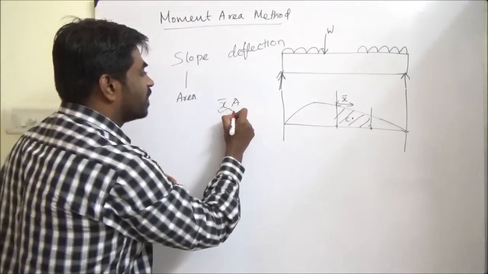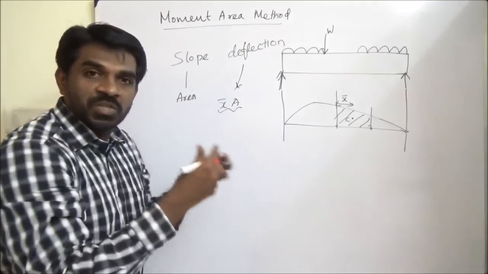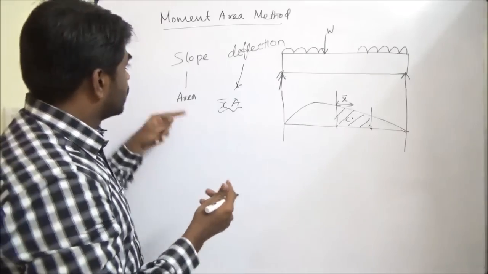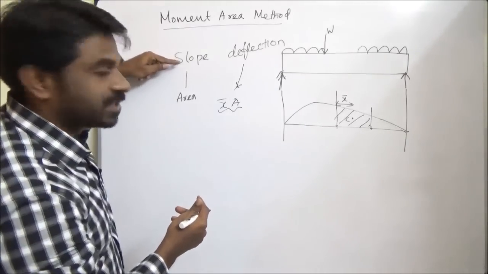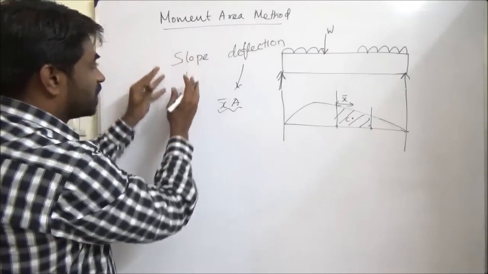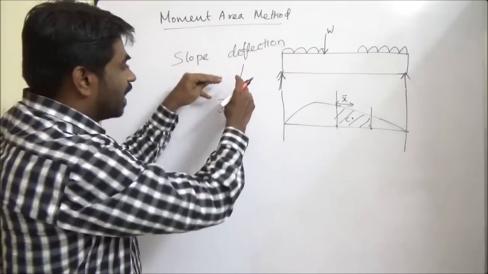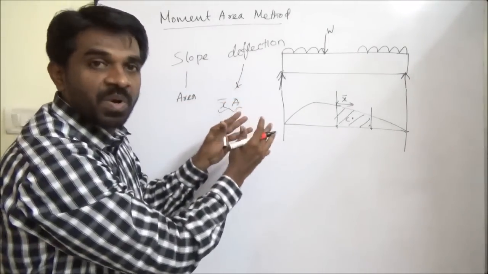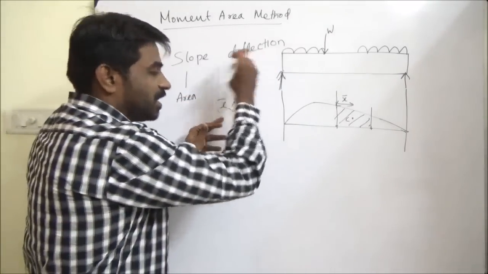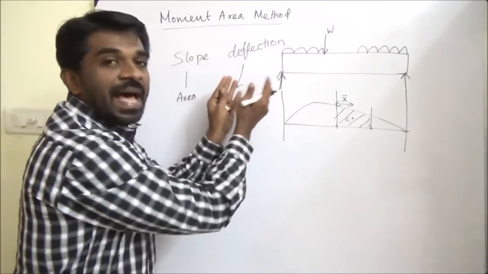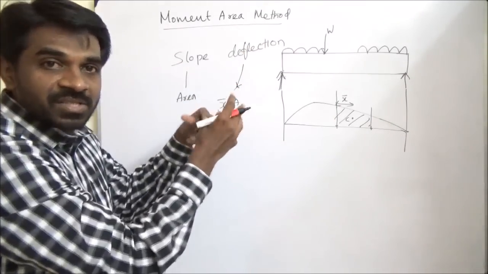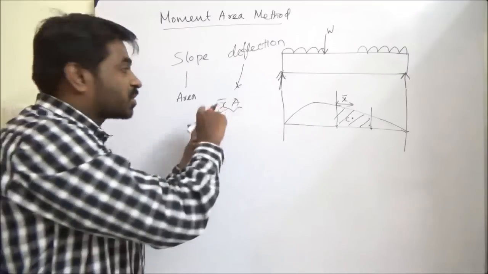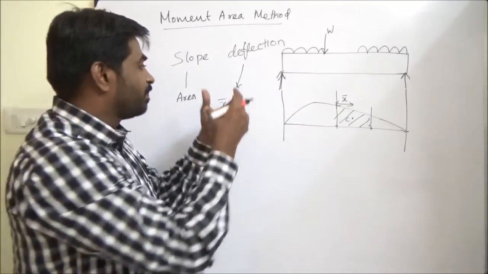So this will give us deflection. This is what the method says. So the area directly connects to the slope. So this gives one theorem, and this x bar into A, this is nothing but our first moment of area, gives deflection. This forms another theorem. So we are going to discuss two theorems, one connects to slope, another one connects to the deflection.